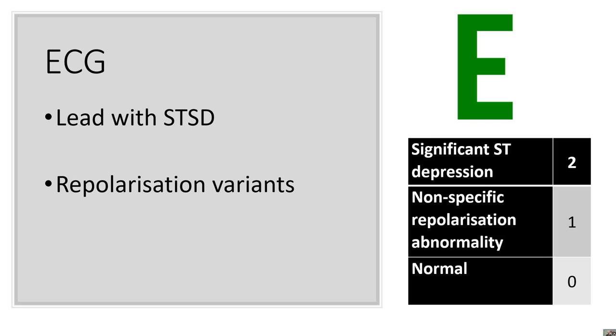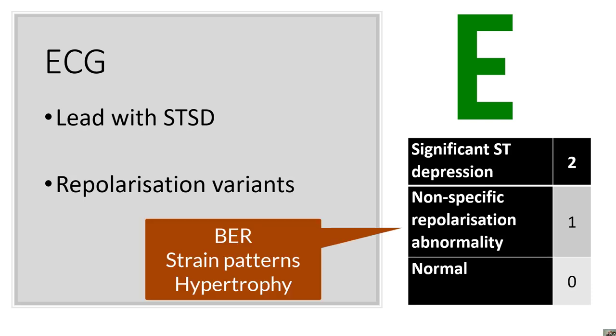Medium risk ECG changes are the other ST changes that would often be more likely to be associated with different causes than ACS. And these might include the benign early repolarization that can be seen quite often in younger people, the mechanical strain patterns that are often seen in hypertrophy or other acute conditions such as a pulmonary embolus, or we might see the ST changes that are associated with hypertrophy, so that is the Cornell or the Sokolow voltage criteria for LVH is present.